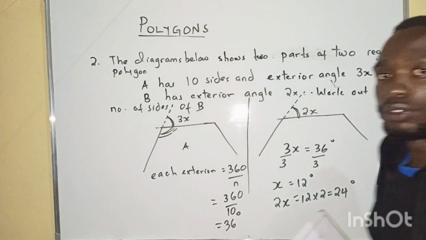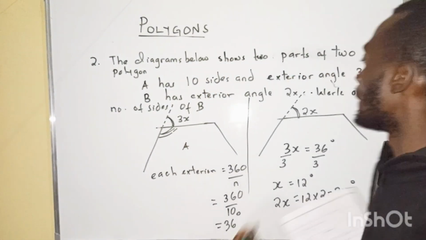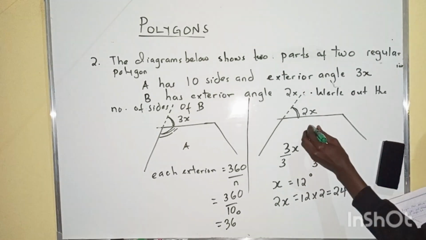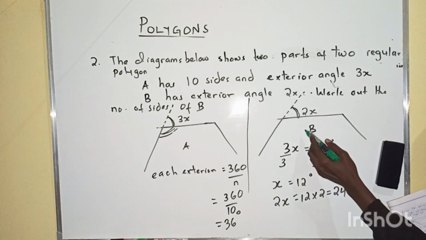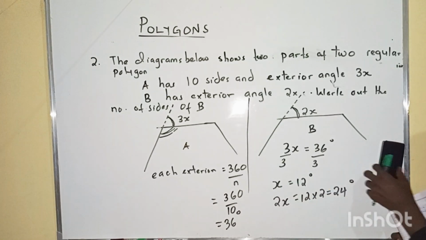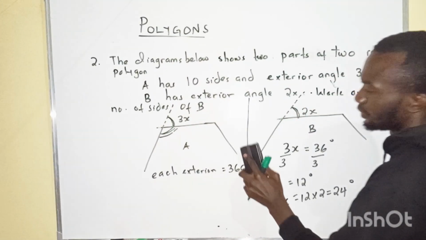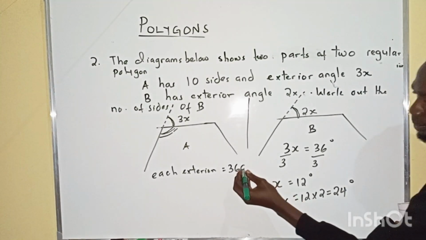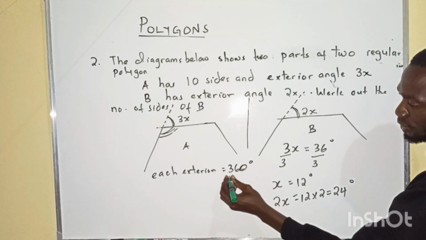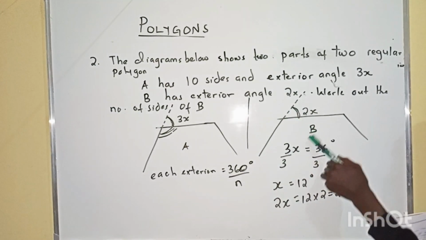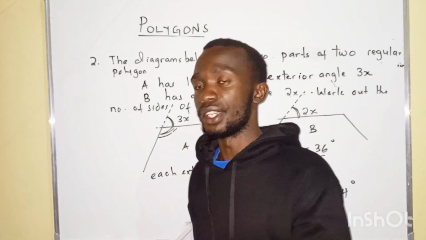That's the value of the exterior angle of B. Each exterior angle is calculated by the formula 360 over n, so we can find the number of sides of polygon B.